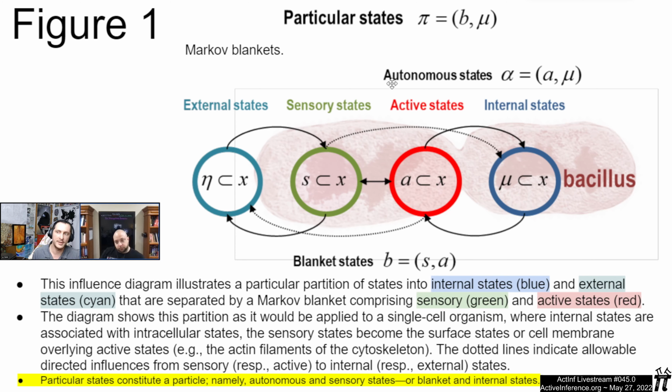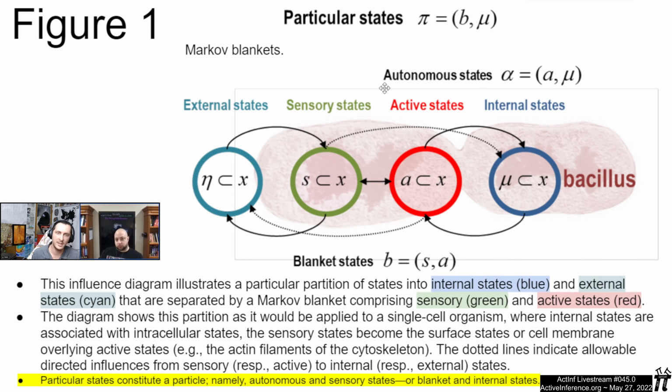And then there are the autonomous states alpha, which is just A and mu. One way to think about those states is, if you were to design the system, those are the states that you can control. You can't directly control the sensory input, which is the only thing that differentiates the autonomous from the particular states.